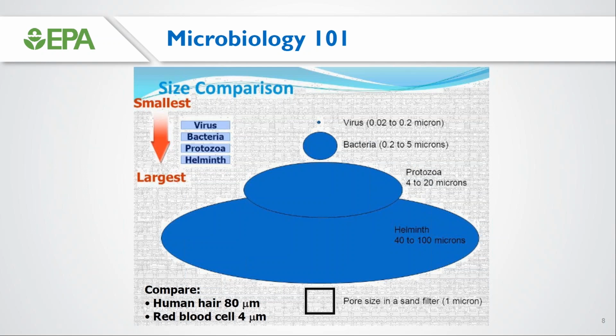Protozoa are the next one, bigger in size, and then finally helminths, which are worms that I'm going to discuss just a little bit. They don't really make the classification of microbes per se, but I did want to touch on them a little bit. And I want to give you a comparison here with a human hair and a red blood cell for perspective. These things are much smaller than a human hair is. Next slide.